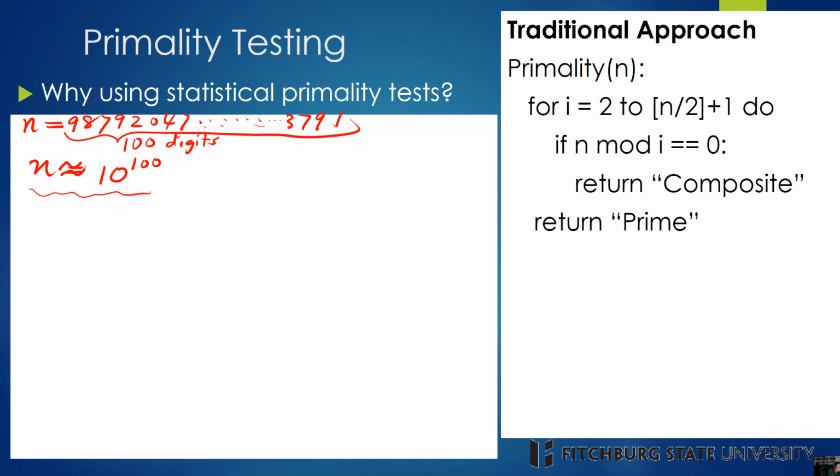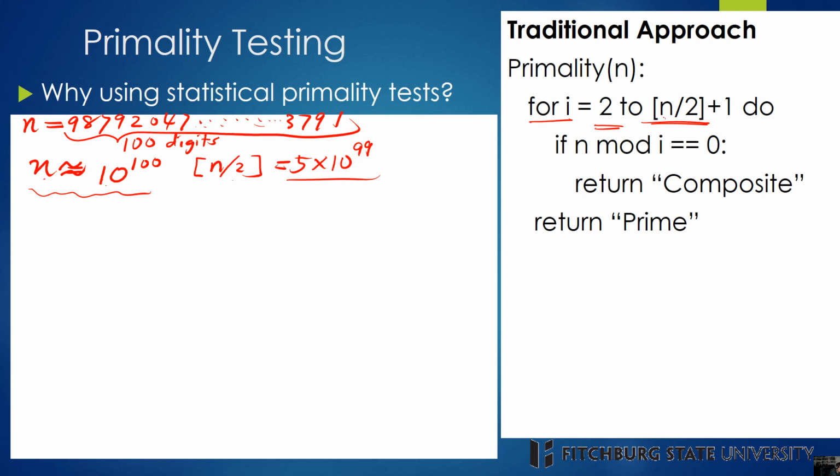We need to do the for loop from 2 to approximately half of this number. Now, what is half of this number? n divided by 2, so it's 5 times 10 to the 99. That's the total number of loops we need to perform.